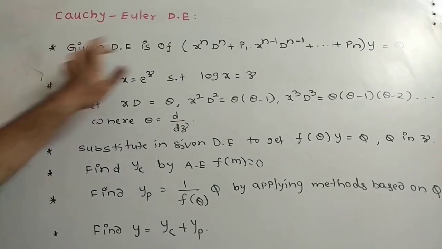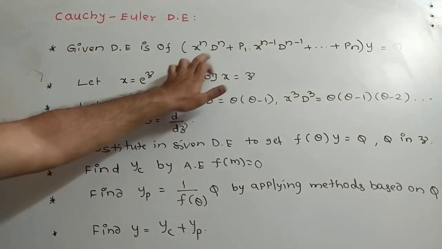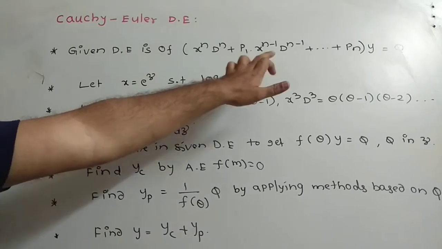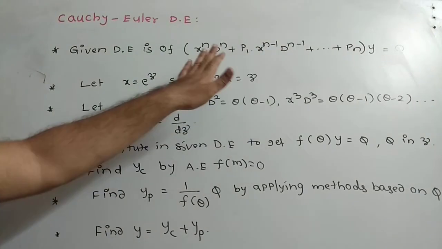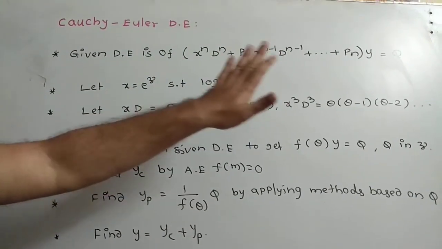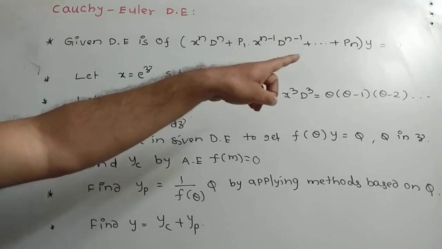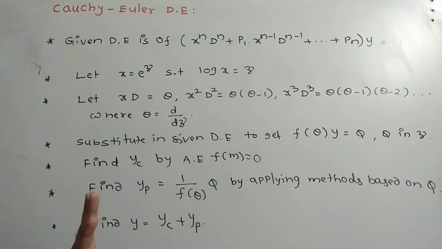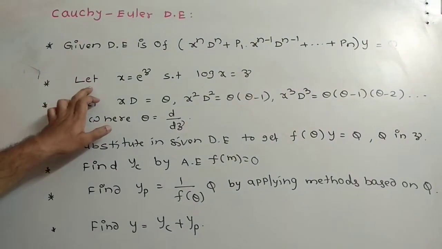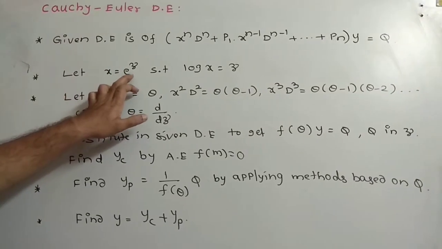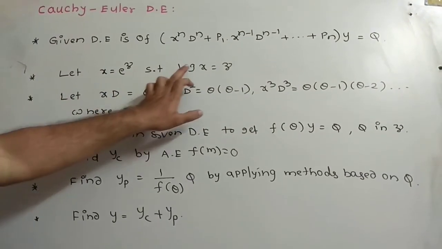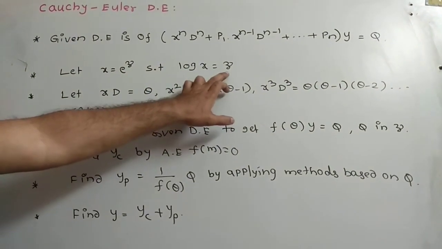It should be in this particular form, where P1, P2 and so on up to Pn are nothing but coefficients, and Q is a function of x. Now you start with x equal to e power z, such that logarithm of x equal to z.